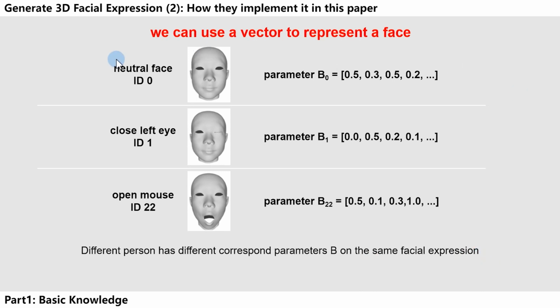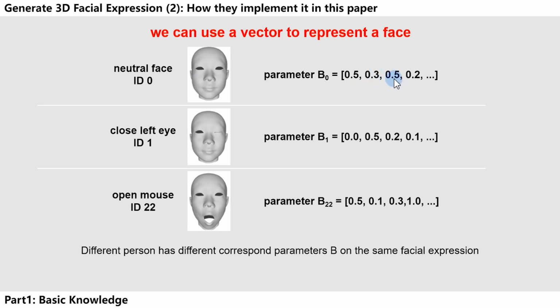That is, maybe you and I both have a neutral face, with no other emotions on our face, but our parameter b are different, because those parameters correspond to the key points on our face. So maybe this parameter controls the size of your eye, and this parameter controls the size of your mouth.